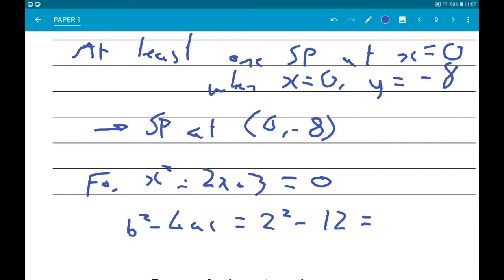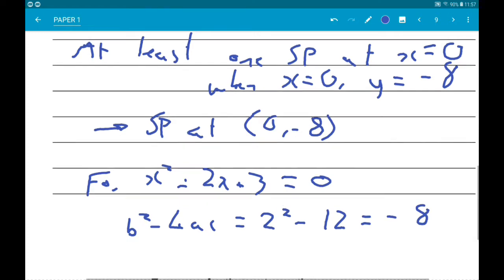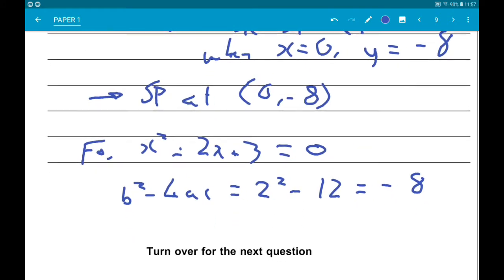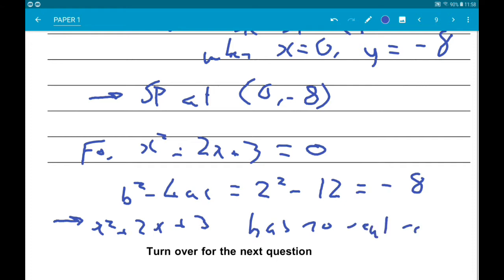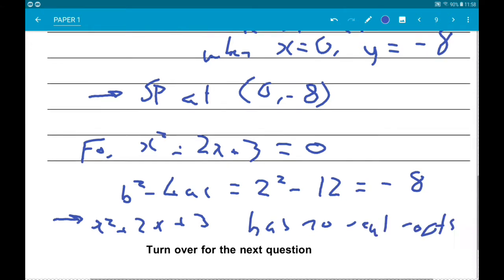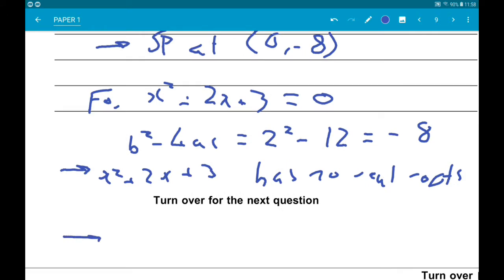So that's going to be minus 8. So that means x squared add 2x add 3 has no real roots. Therefore, 0, minus 8 is the only stationary point.